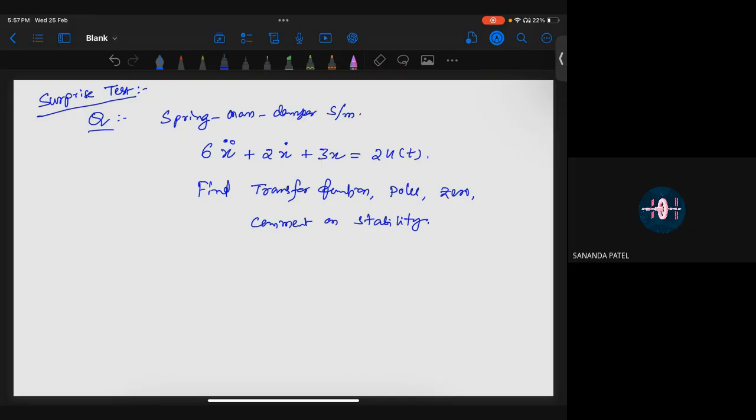The initial conditions are 0. Just keep your roll number as the subject and send me that image.